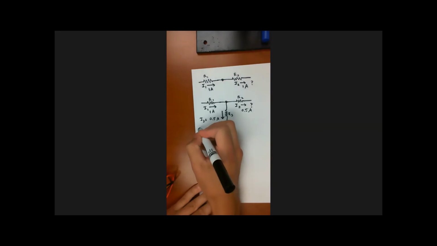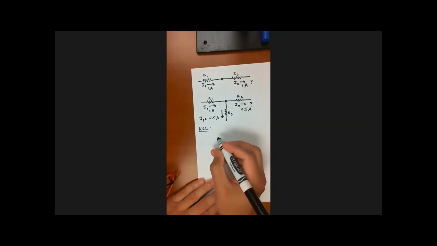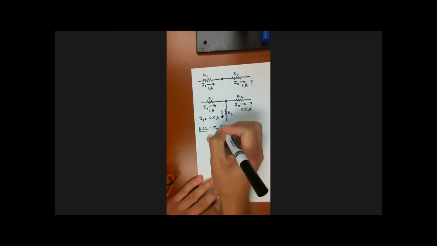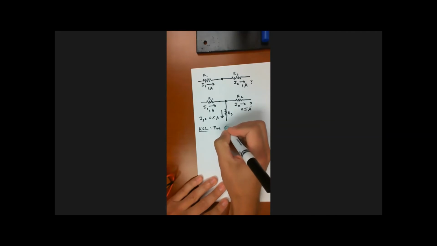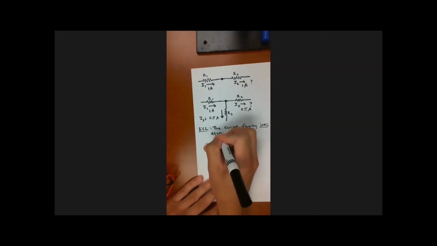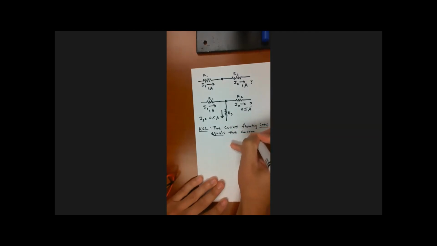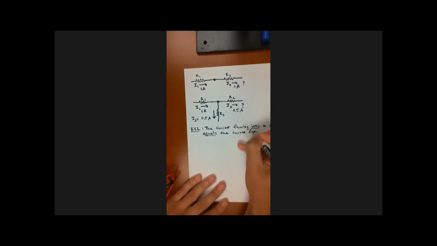So what KCL says, let's put it in words first. What KCL says is that the current flowing into a node, and again, a node could be any place where 2 or more wires meet, the current flowing into a node equals the current flowing out of the node.